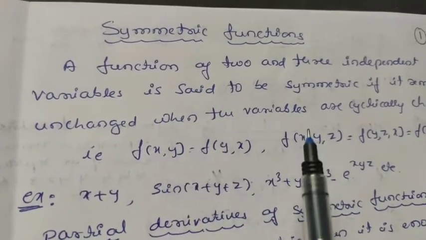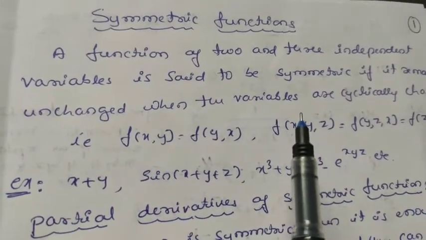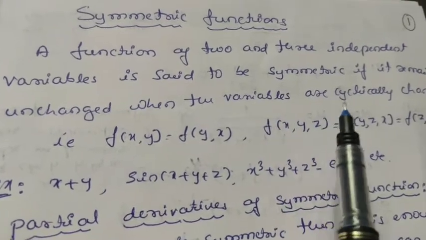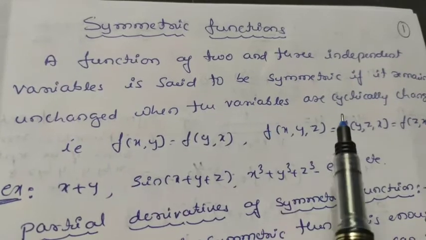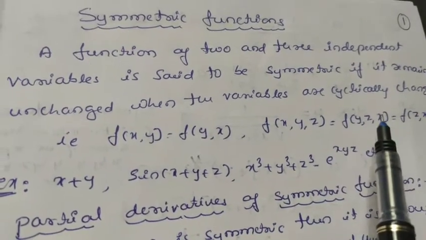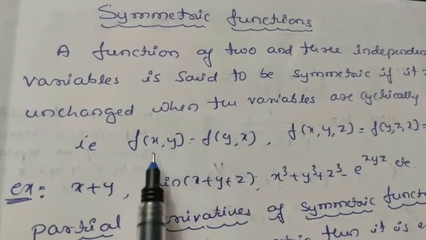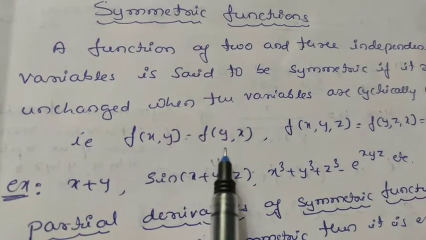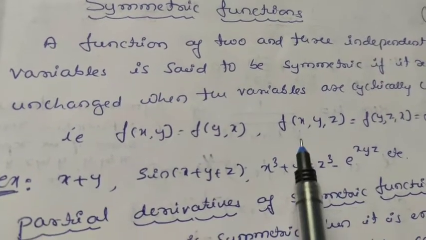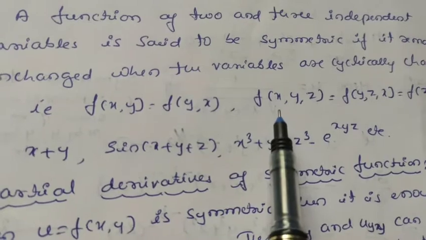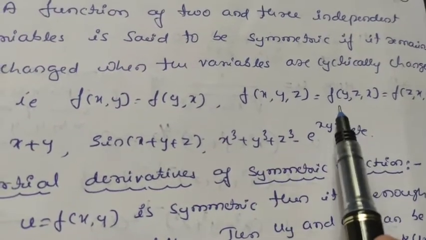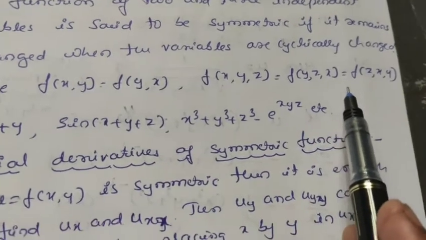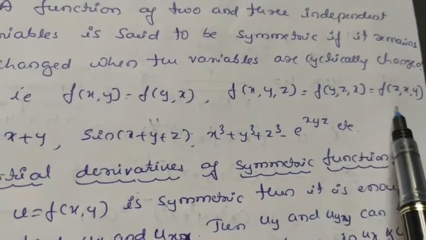A function of 2 or 3 variables is said to be symmetric if it remains unchanged when the variables are cyclically changed. That is, f(x,y) equals f(y,x). Similarly, for a function of 3 variables, f(x,y,z) equals f(y,z,x) equals f(z,x,y).